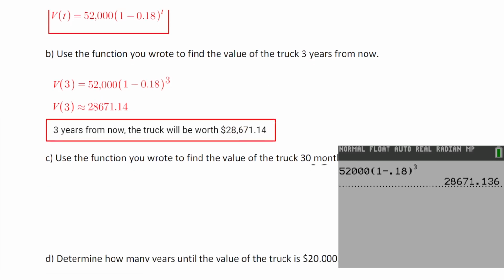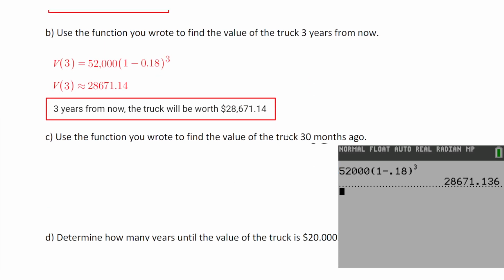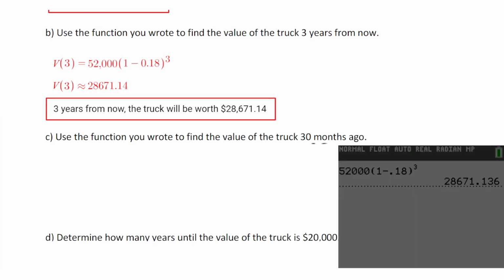Part C says use the function you wrote again to find the value of the truck 30 months ago. Okay, 30 months ago. So what we have to do is figure out what should my t value be. So if it was 30 months ago, maybe I'll just write this out as I'm thinking through it.